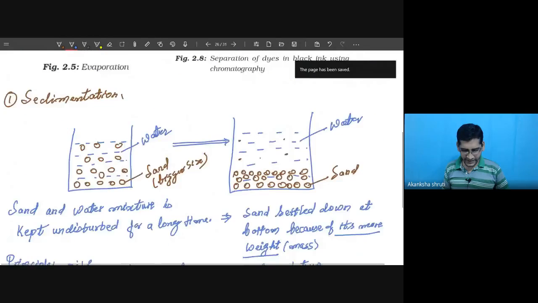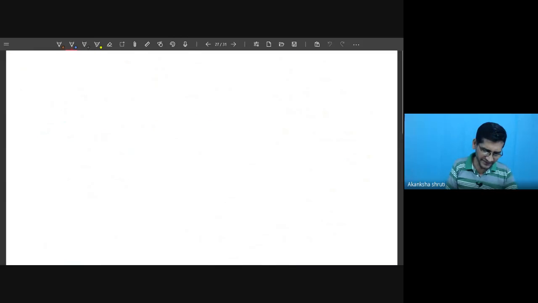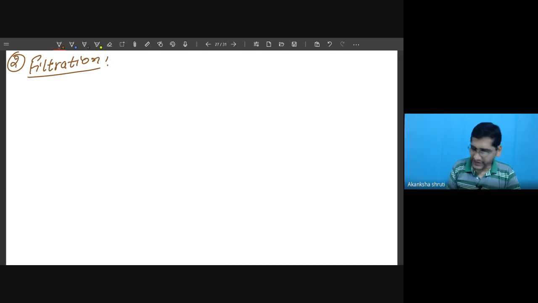Now let us go for the second method. The second method is filtration. Students, this filtration is another very simple method in which we use a filter paper.